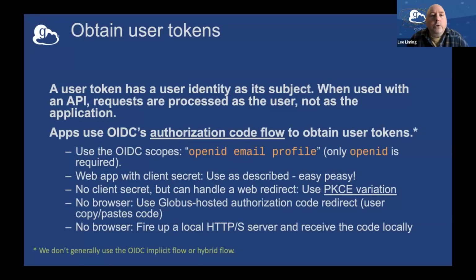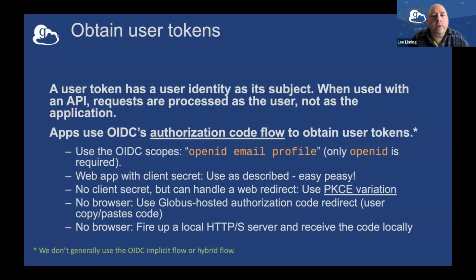All right, so what do you do when it's time to do things on behalf of people who are logged into your application? First of all, you have them log in using Globus, using the Globus Auth API. You use an authorization code flow to obtain user tokens that are tied to the user's identity.